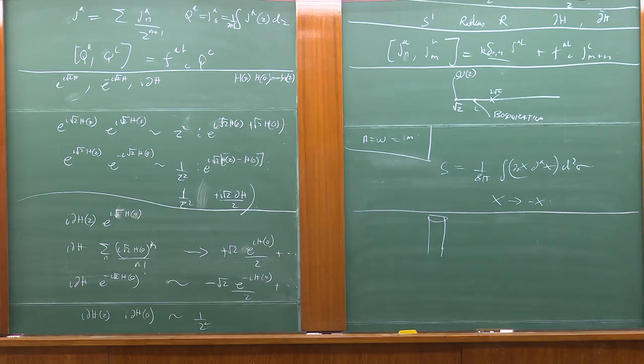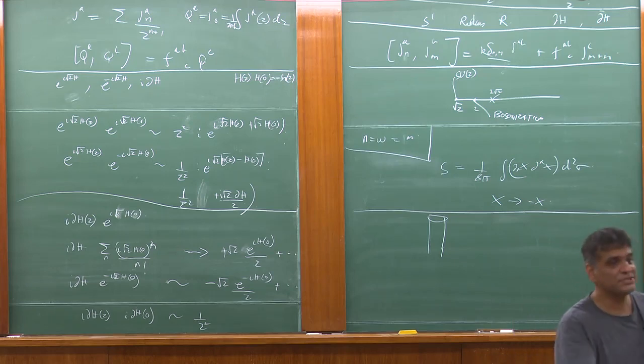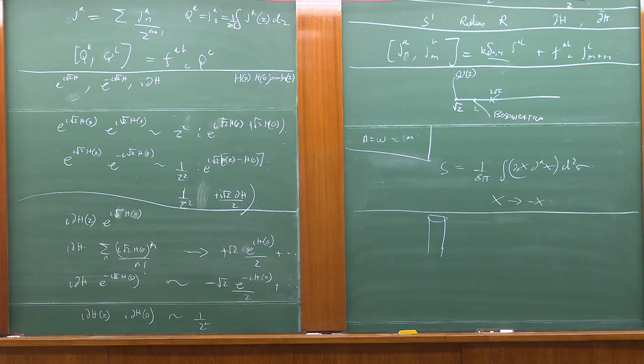When we studied the circle, the sectors were labeled by winding. It was because sigma was compact, and as you went from sigma to sigma plus 2 pi, you had to come back to the same configuration. But the same configuration didn't mean the same X. In the circle case, it meant X plus 2 pi r times n, because that was the same physical configuration as X.